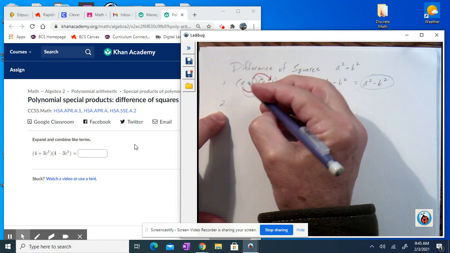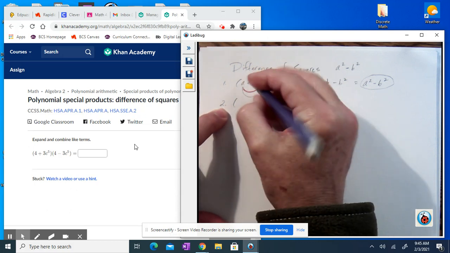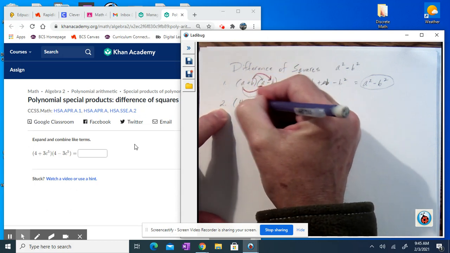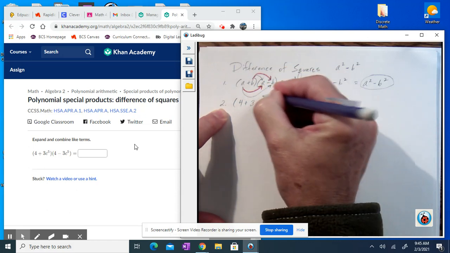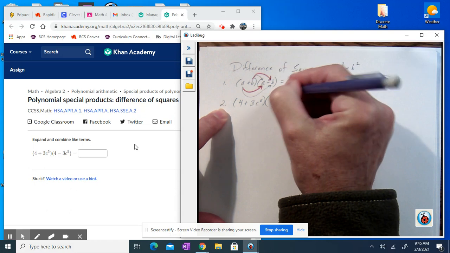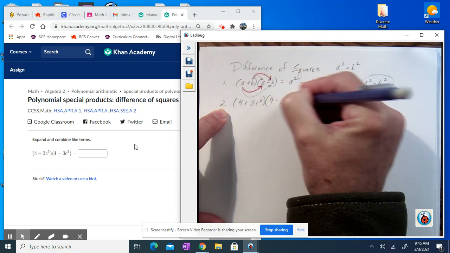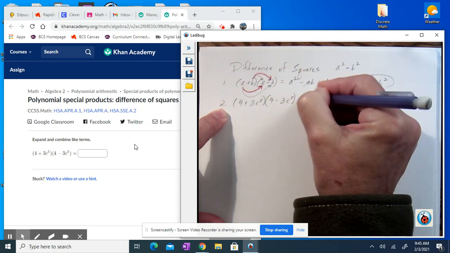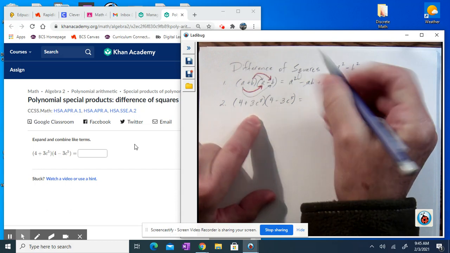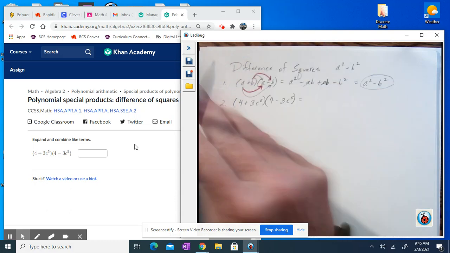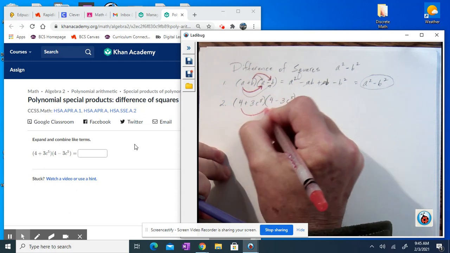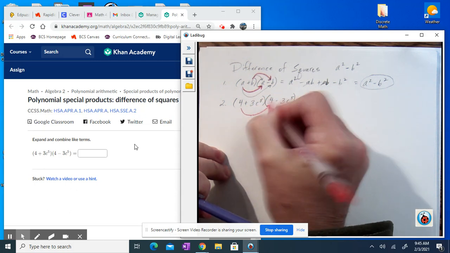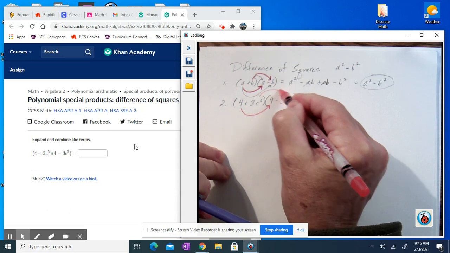So this problem here on Khan Academy, where you have 4 plus 3c to the 5th times 4 minus 3c to the 5th, I can go through the whole process, but really the only things I need to worry about are multiplying these 2 together, which is 16, and then multiplying these 2 together.